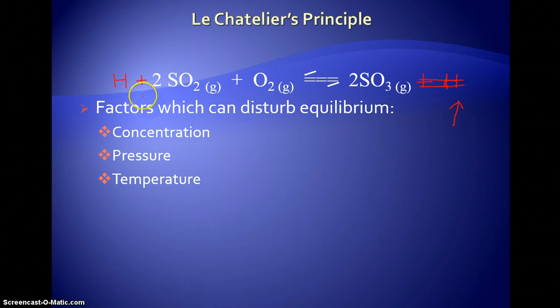And so now if I increase my temperature, in essence, I'm increasing a reactant. Again, this is an endothermic reaction. And so if I'm increasing my reactant, then that's going to cause more collisions on the reactant side and push it in the forward direction. Okay, and the opposite, of course, is true. If I lower my temperature, then I'm going to have fewer collisions on the reactant side, and it's going to force it in reverse. Okay, so that's how temperature works there.